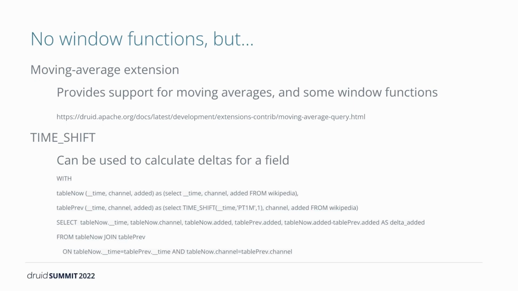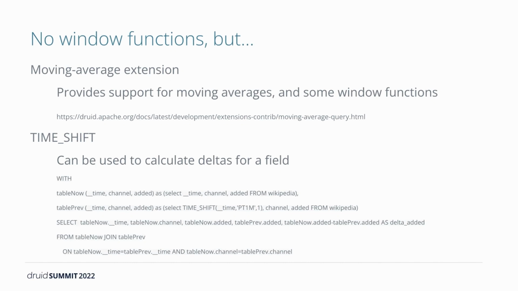Also, I've seen people ask for window functions where they just wanted to calculate change of some fields over a given period. You can do this now using a function called time shift and CTEs. Basically, you set up a query of the table, like the present view, another one that's time shifted by a period, do a join and subtract.